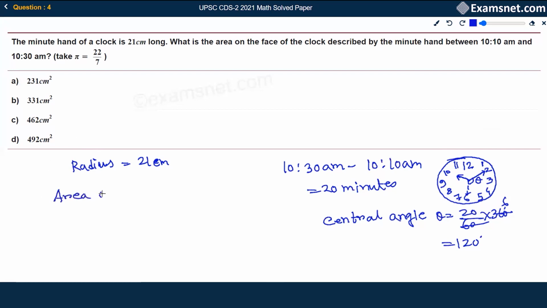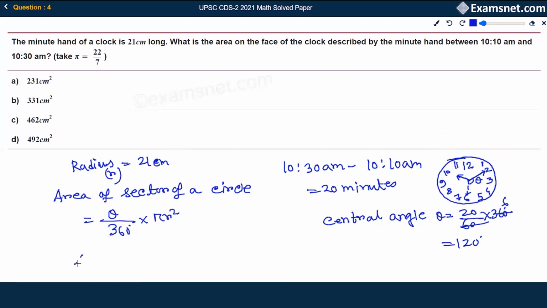Area of sector of a circle, that is theta by 360 degree multiplied by pi r square. So here r is 21 centimeter.